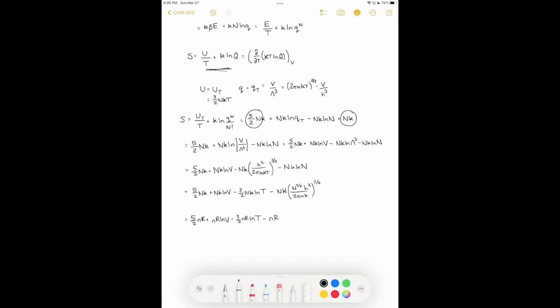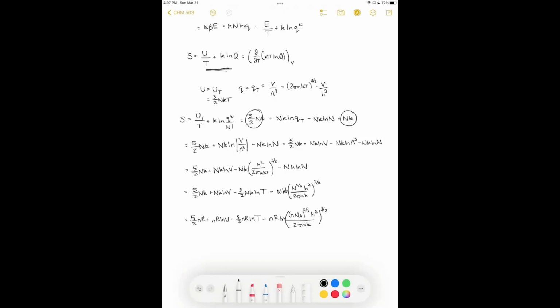And to get rid of N, the number of particles, we can do that by simply having n, the number of moles, times Avogadro's number equal to the number of particles. So n times Avogadro's number raised to the 2/3, and then we'll still have (h squared over 2 pi mk) to the 3/2. And with this expression, if we know the volume and temperature and the number of moles, we can figure out what the entropy for an ideal monatomic gas should actually be.